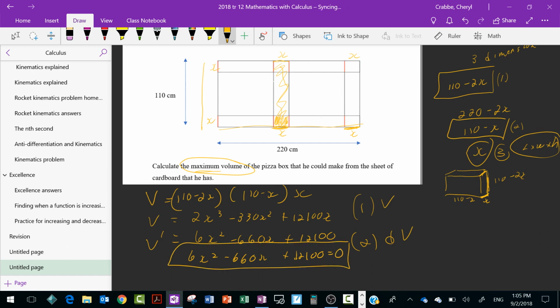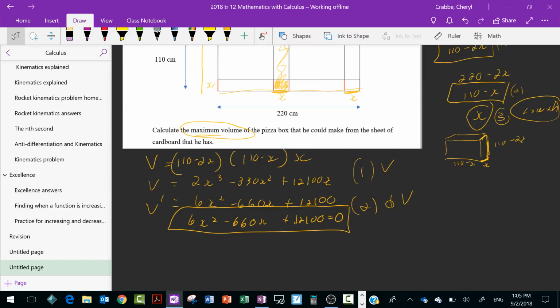Now, we talked about the fact that you could then factor this thing out by hand to find what your x values are going to be. But I wouldn't want to do this by hand, and you don't need to do it by hand. Once you've made this statement, you can throw it into your calculator and you can get your x values. And your x values are 23.25 and 86.75.